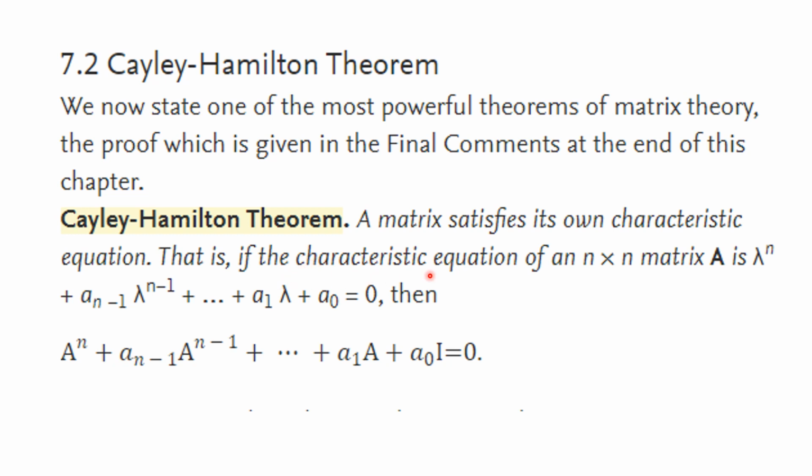That is, if the characteristic equation of an n by n matrix A is lambda to the n plus a sub n minus 1 lambda to the n minus 1 plus dot dot dot, all the way down to plus a1 lambda plus a0 equals 0, then the matrix A raised to the nth power plus a sub n minus 1 times the matrix raised to the n minus 1 power plus dot dot dot plus a1 times the matrix plus a0 times the identity matrix is equal to 0. Again, a matrix satisfies its own characteristic equation.